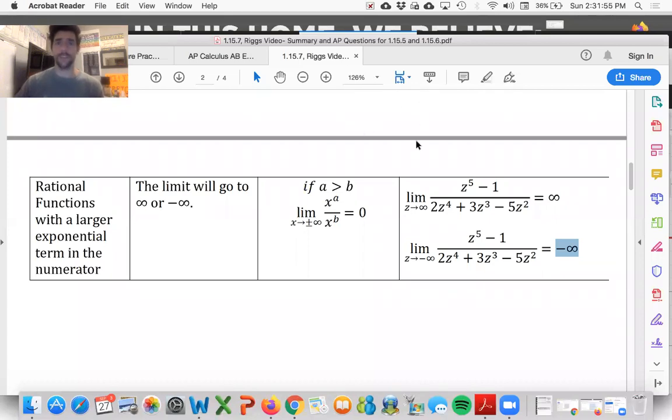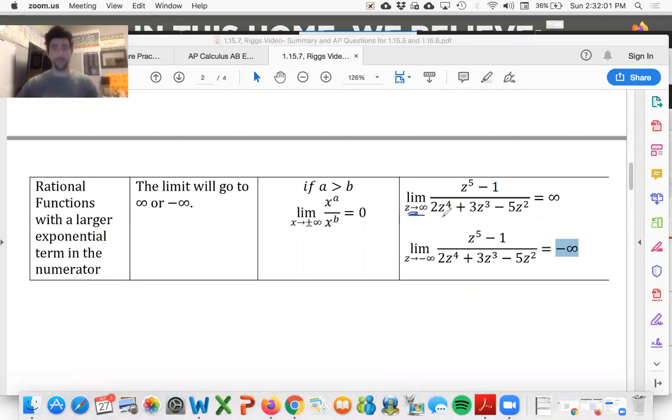So we kind of start with the same analysis. Let's look at this first one. As x approaches, or z rather, approaches positive infinity, I'm going to, again, just compare the biggest terms for the reasons we talked about. The limit as z, our input this time, approaches a big positive number, comparing z to the 5th to 2z to the 4th power.